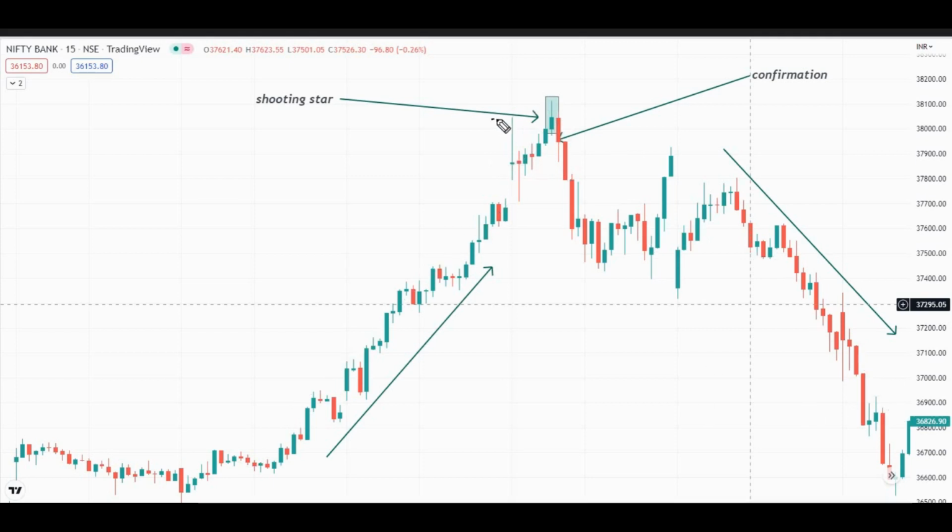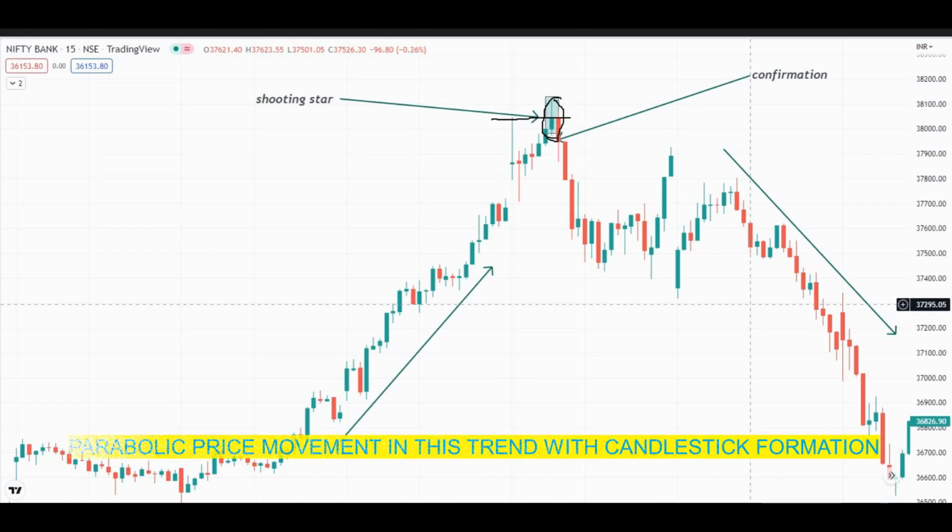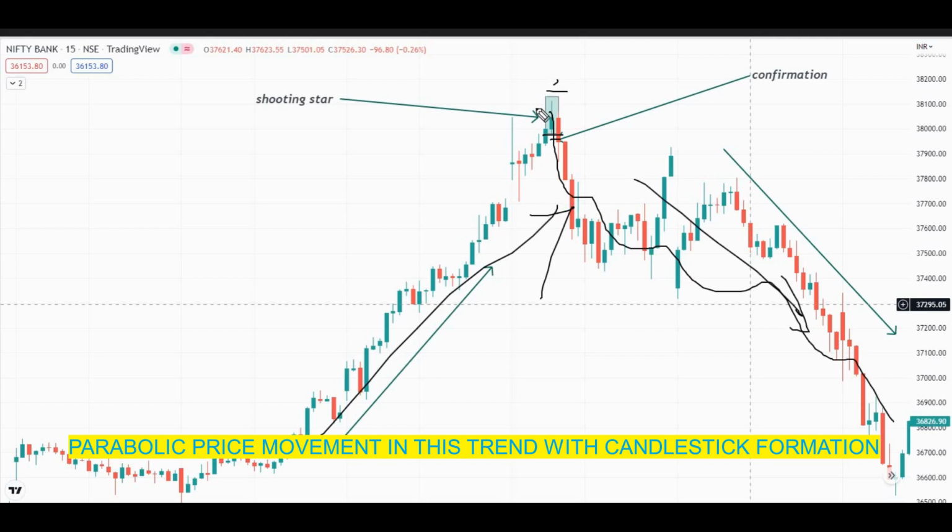See, it was a fake out also. It was a fake out, also a shooting star, then a confirmation candle which broke the low of the shooting star. We take entry here with stop loss here, and see the downtrend after that. So a strong uptrend changes from up to down after a shooting star formation at the top.